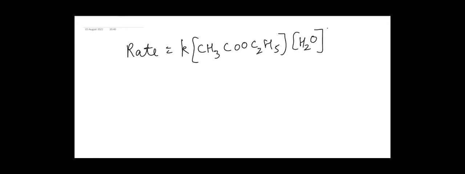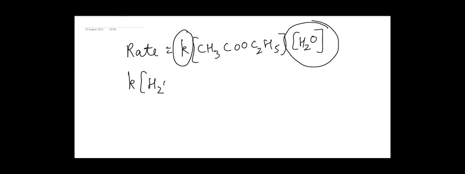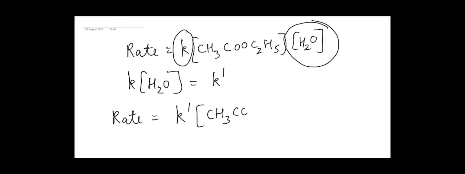Now as we know that the concentration of water is a constant, we can combine it with this constant. So K times the concentration of water is also a constant. We can take it to be K dash. Now the rate can be written as some K dash times the concentration of the ester.